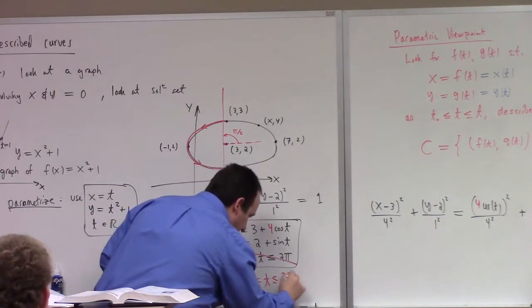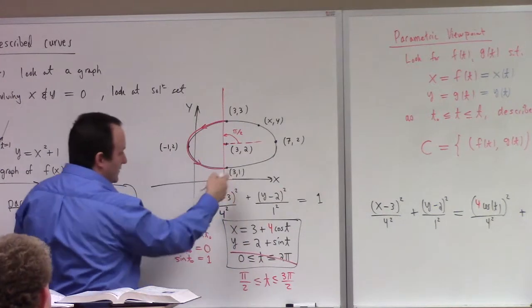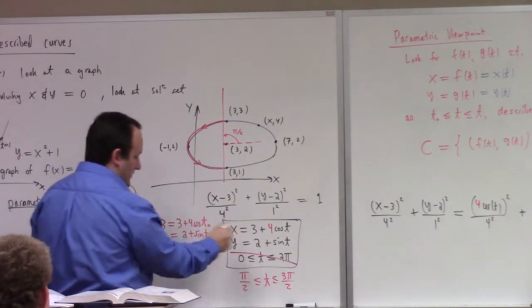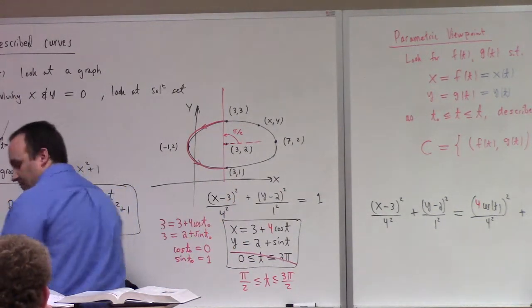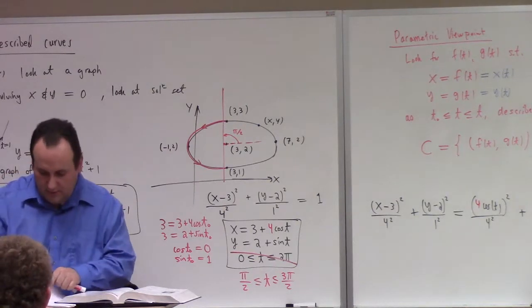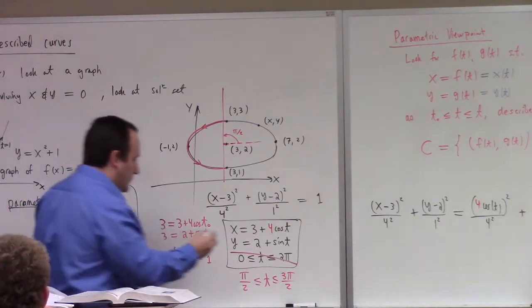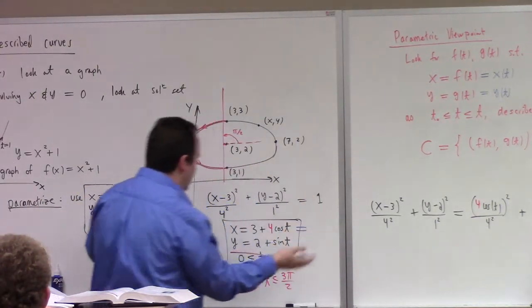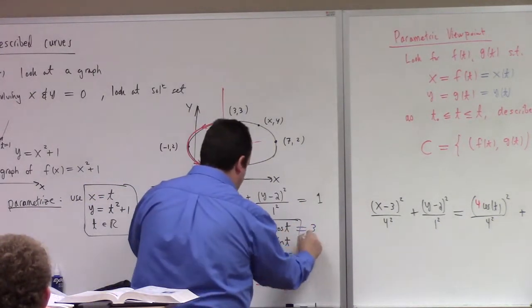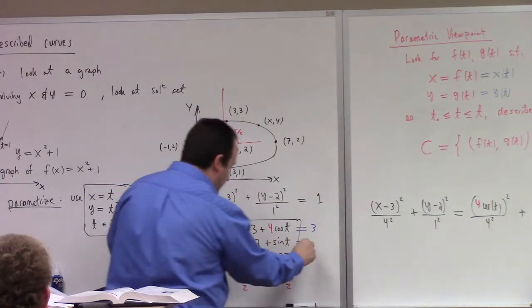But you could also derive that from solving. To get the other point, let me use some color coding here. We could also set this equal to 3 and this equal to 1, right?